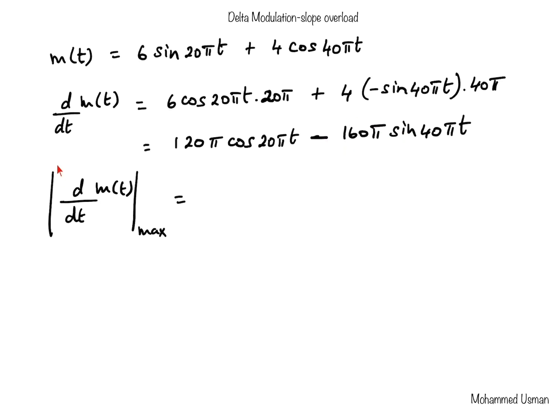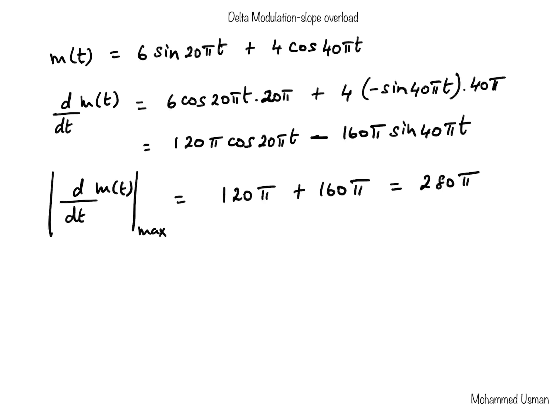And because we are interested only in the magnitude, we don't need to worry about this minus sign. So the peak magnitude of this combined summation would be 120 pi plus 160 pi. Okay, that would be the peak magnitude of this derivative. So that would be 120 pi plus 160 pi, which is 280 pi.